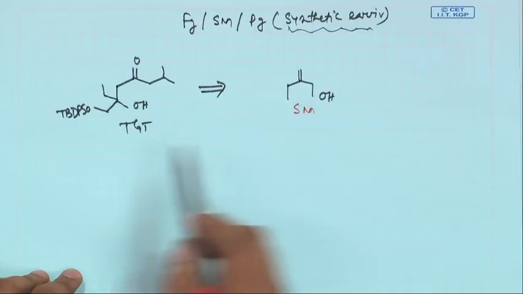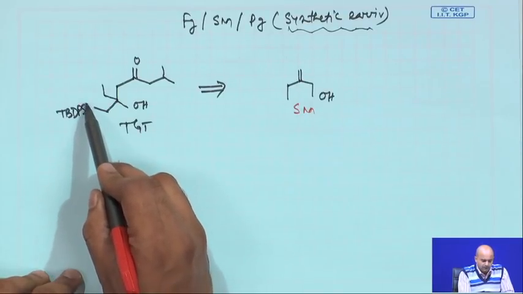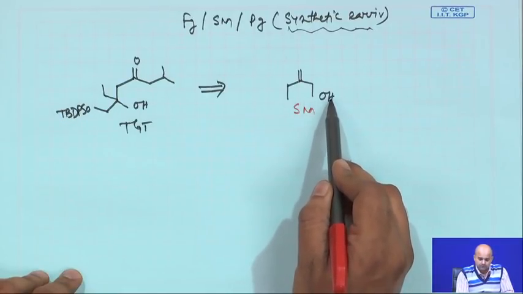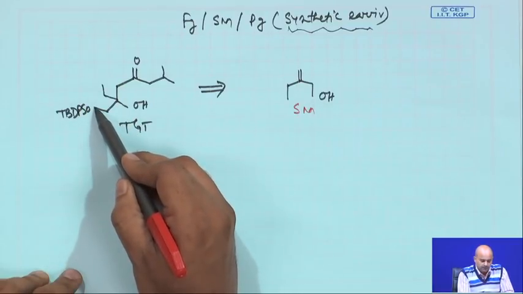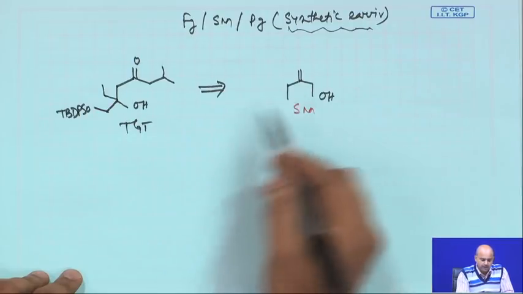Now, you can find that only this oxygen will probably be coming from this, if you protect this 3-hydroxy as its TBDPS ether. So, this part is TBDPS, and then you have this ethyl group.